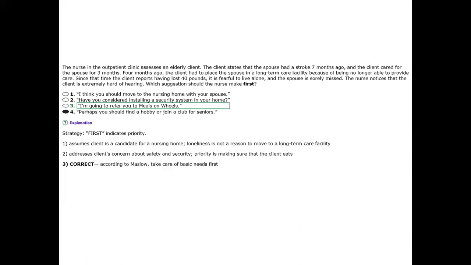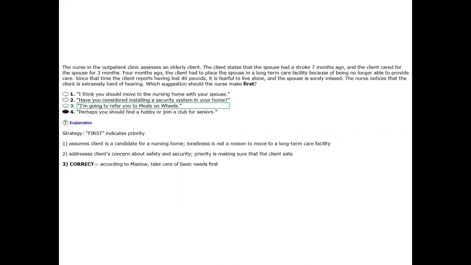Meaning if the patient needs oxygen, give them oxygen. If the patient needs water, give them water. If the patient needs elimination, give them scope to eliminate, right? And physical and mental rest is important. And when you have everything, we go for esteem needs or self-actualization.